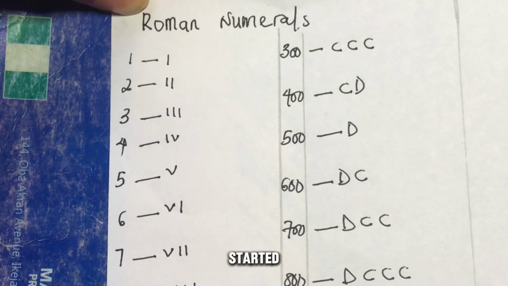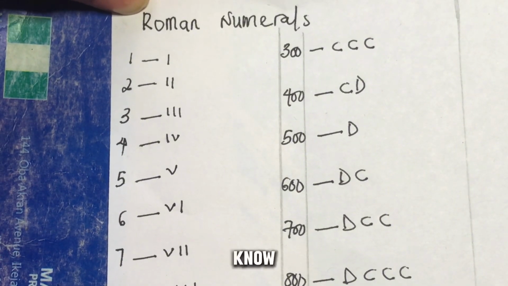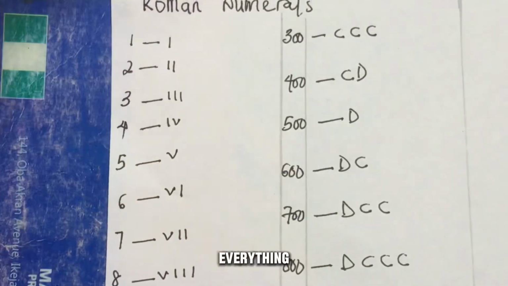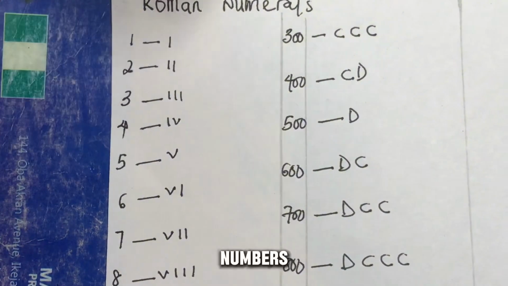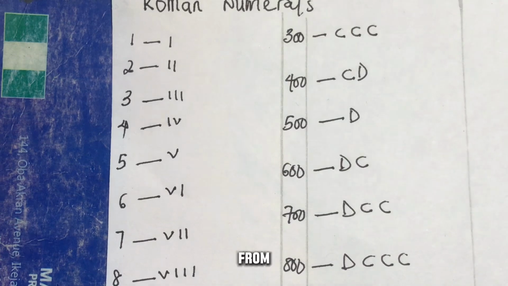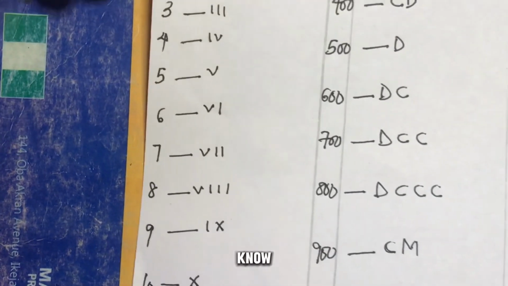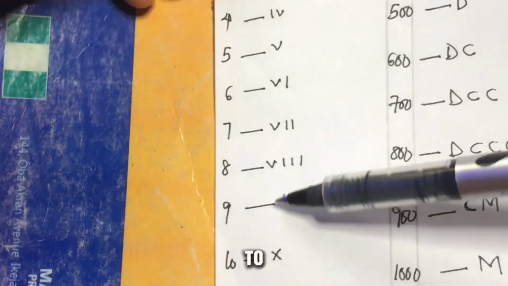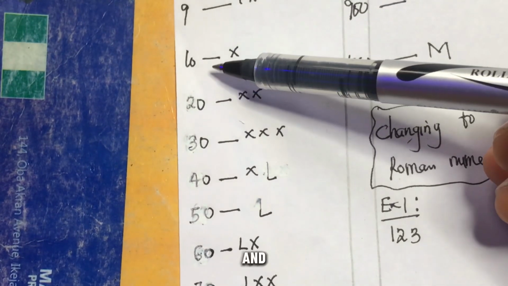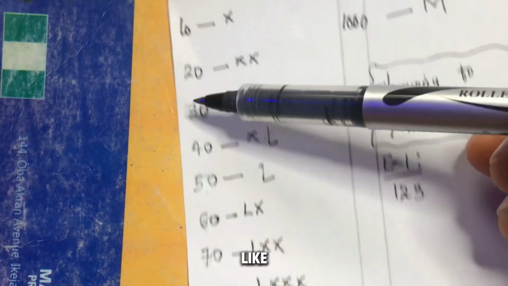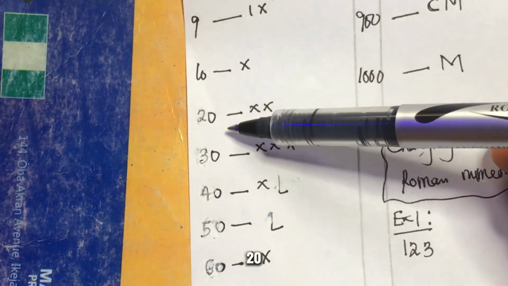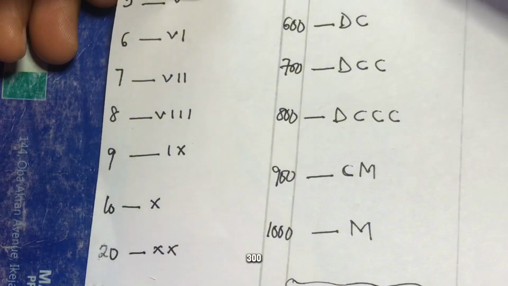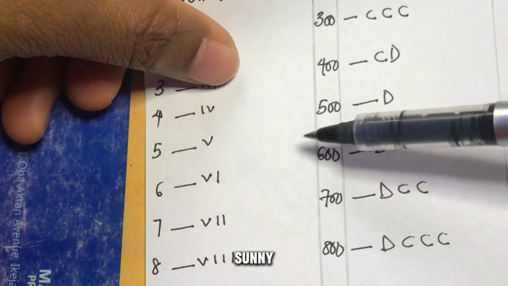So let's get started. The first thing you need to know is all your Roman numerals. You don't have to know everything, but when you know some particular numbers, you can generate your Roman numerals from them. So you have to know the Roman numerals from 1 to 10, which is what I have here, and 20, 30, 40, 50, 60, 70, 80, 90, 100, 200, 300, like in hundreds, in tens and in units.